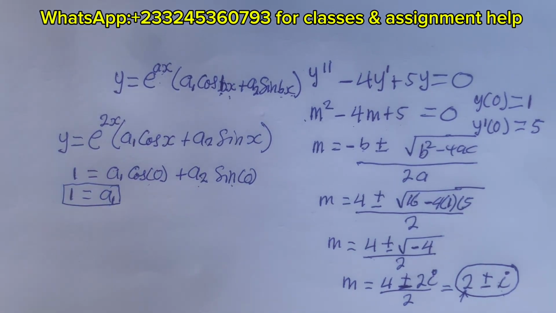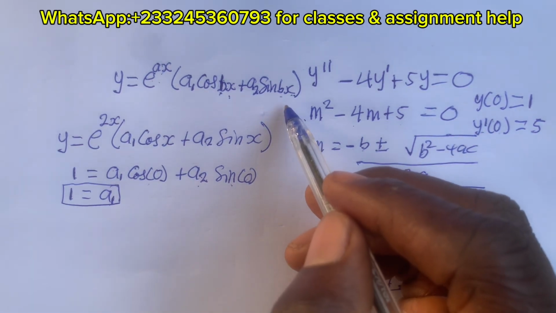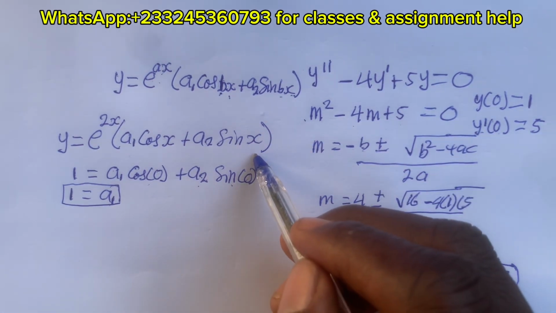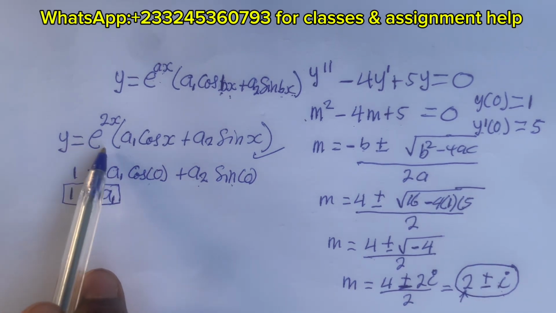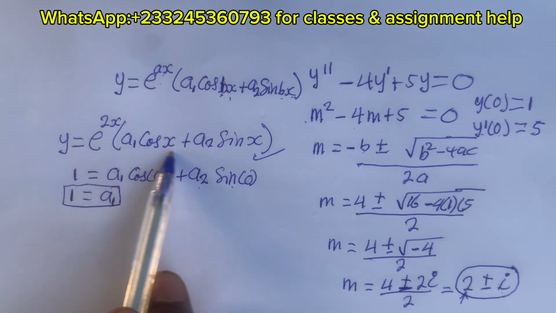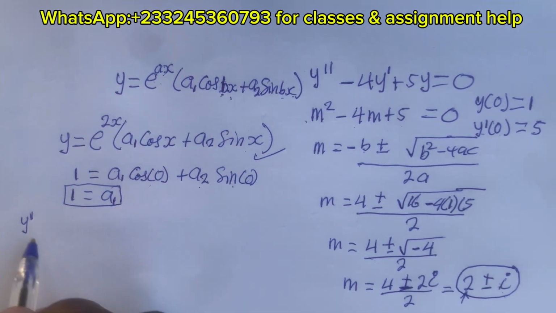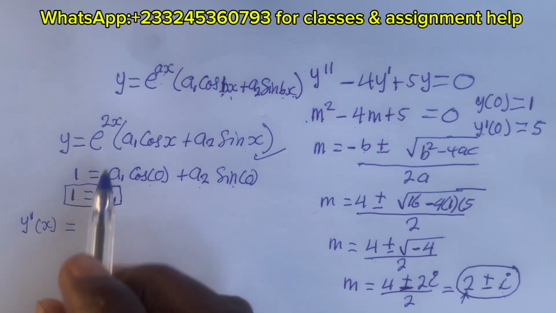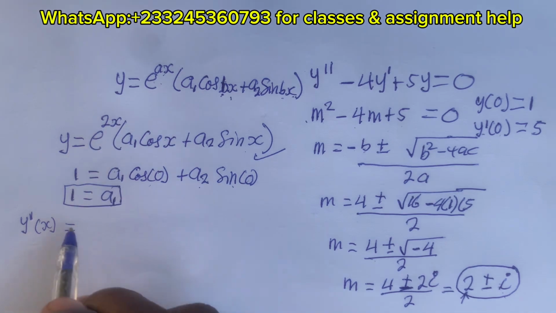Now, to impose y prime of 0 equal 5, you need to find the first derivative of the general solution. So now let's do that. We have the product, that is e to the power 2x multiplying whatever is inside here. So we take y prime of x to be, we differentiate e to the power 2x, so just take 2x and differentiate with respect to x. That will give you 2.